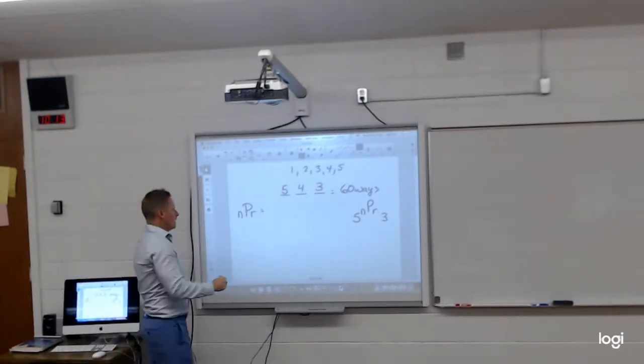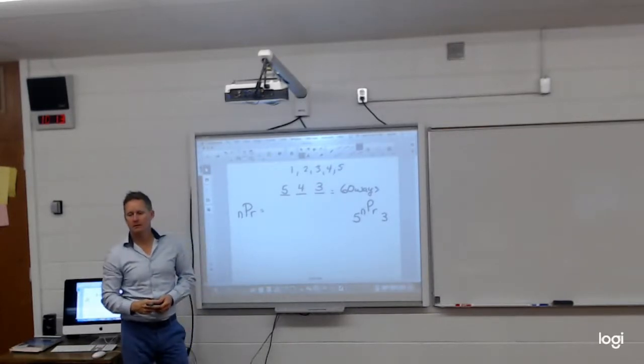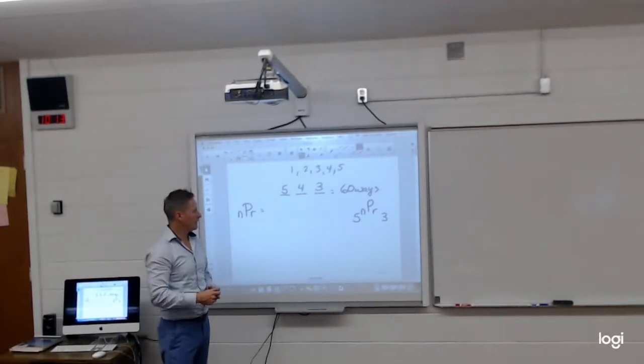Good. So, wait a second. I put 5 and then nPr and then I hit equal and it gives me an error. You just put a 3 in after. Okay. Got 60? Yeah. Okay.